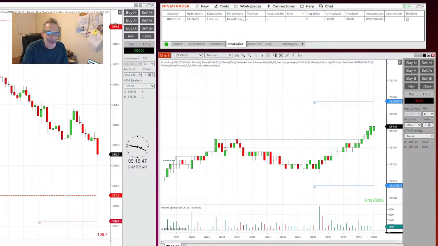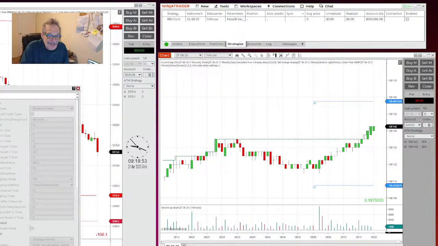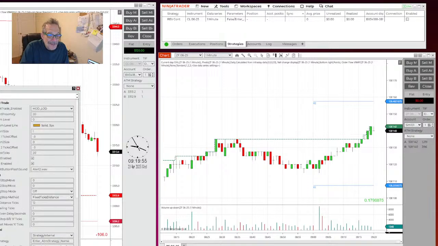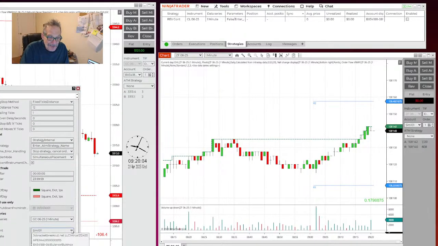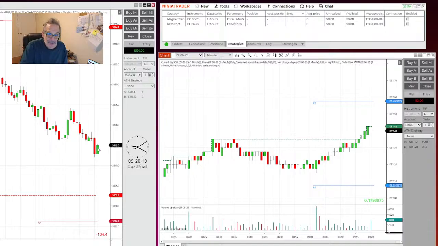Now, I think gold is going to test the low here. It's really risky to do a magnet when you have $100 in volatility, and it just blew off the magnet.